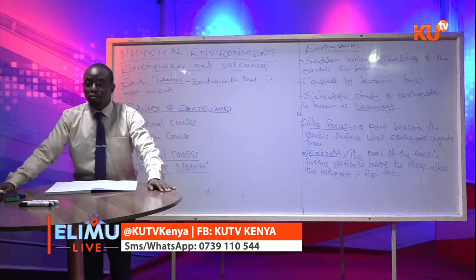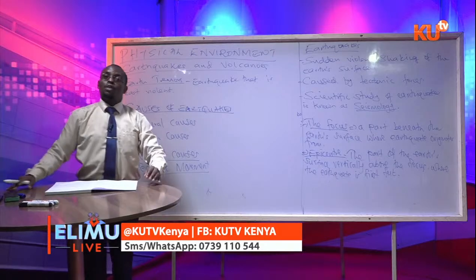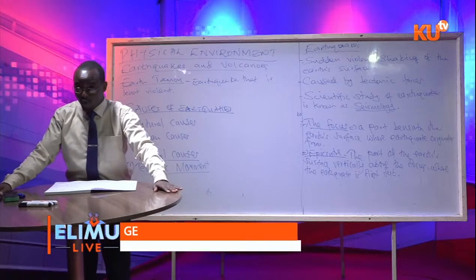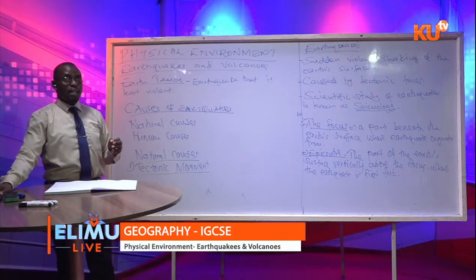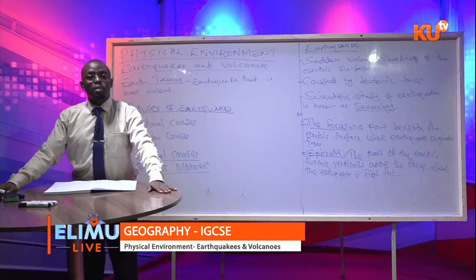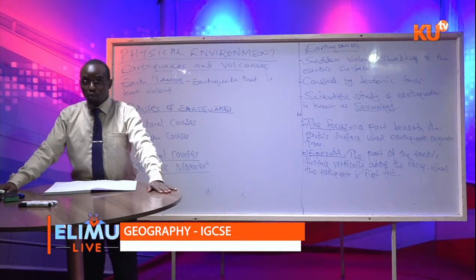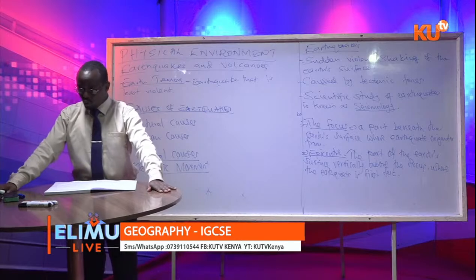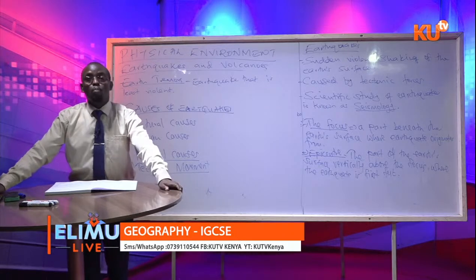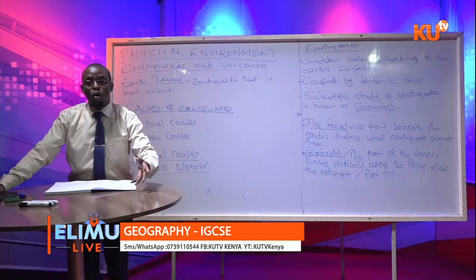They are very, very huge, and they are moving slowly each year, and that's why we may not even feel when they are moving. Now, when the two plates meet, crash and lock, then we may have the shaking of the ground. And this shaking of the ground is what we are calling the earthquake. Why? Because when the two plates meet, there is buildup of pressure.